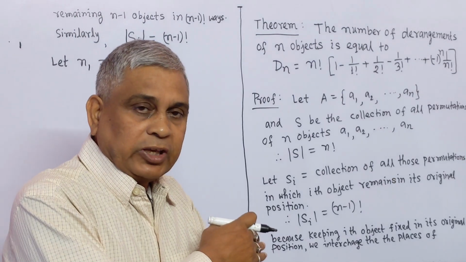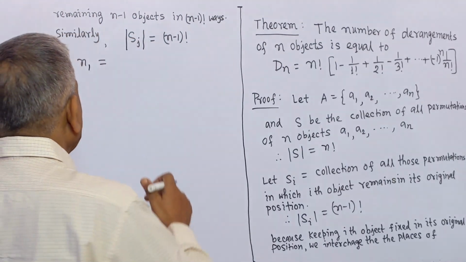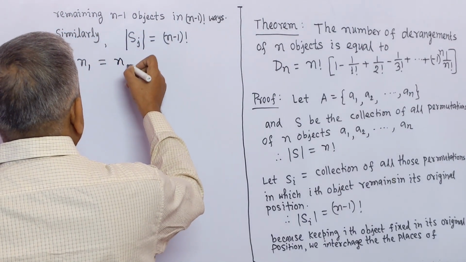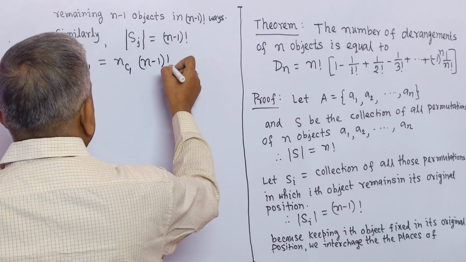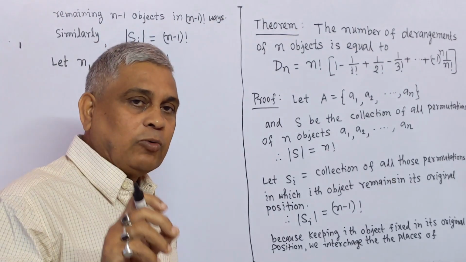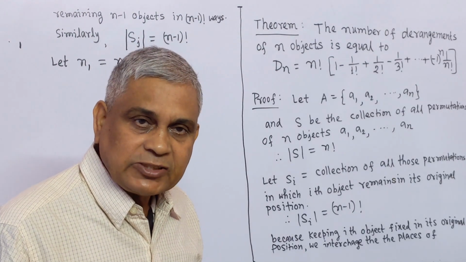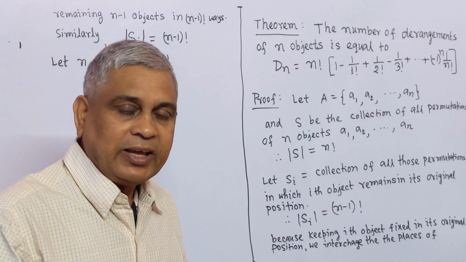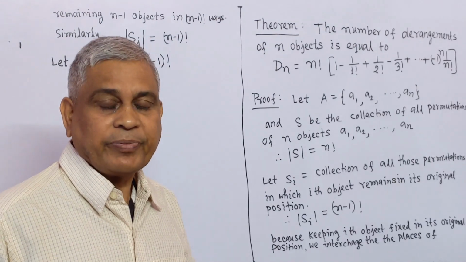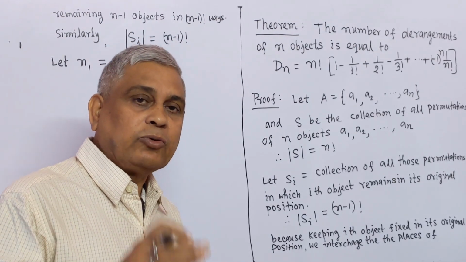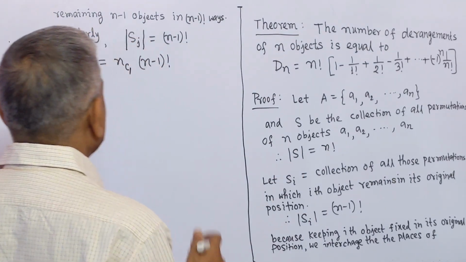If we add all these permutations, we get nC1 (n-1)!. nC1 means n. By keeping one object in its original position, we get (n-1)! permutations. Similarly, by keeping each of the n objects in its original position one by one, we get n times (n-1)!. This is n1. Let this be number 1.